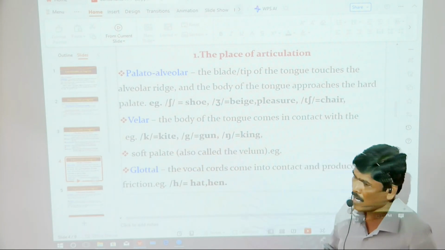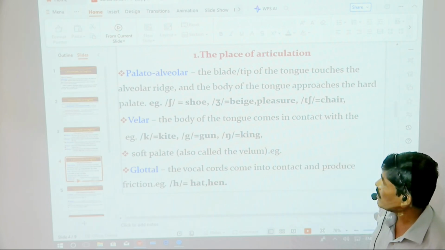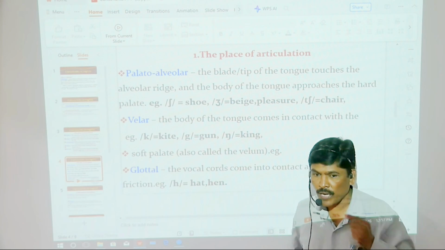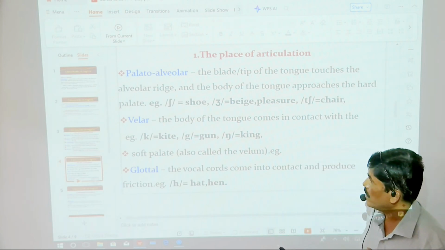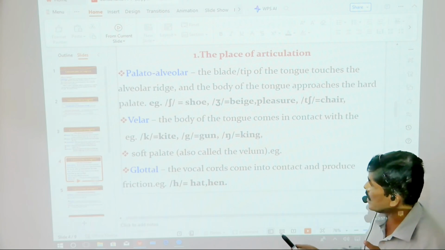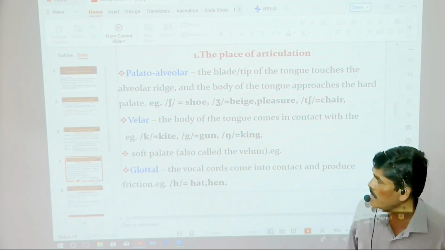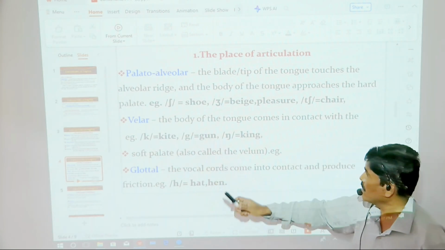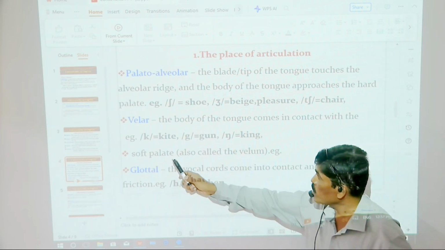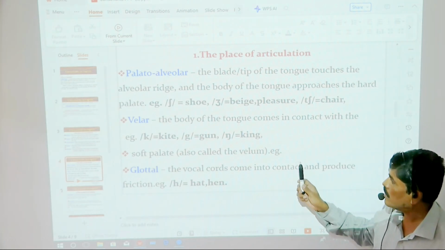The body of the tongue comes in contact with the back part of the hard palate. When the body of the tongue touches there, a velar sound is produced. For example, ka, kite, gun, na, king. This is a velar sound. The soft palate also works in the same way: ka, ga.